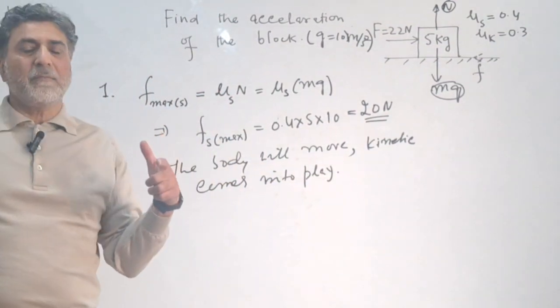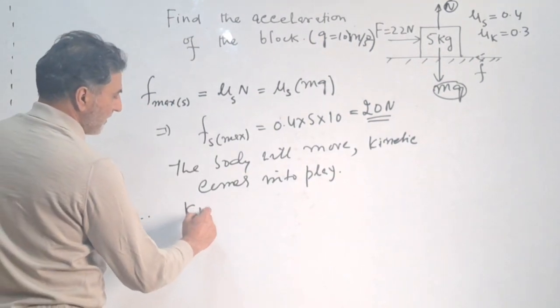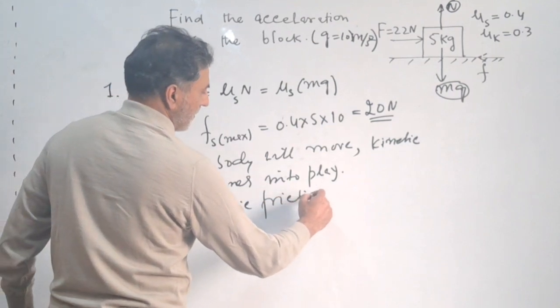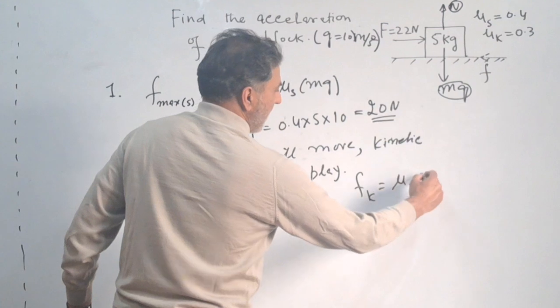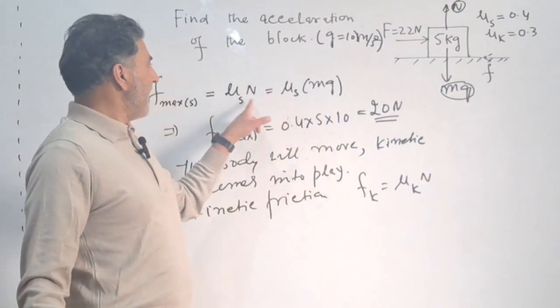So for that we have to find what is the kinetic friction. So step number 2, kinetic friction. That is Fk, that is mu k n. The same formula almost, but here it is mu k n, there it was mu s n.